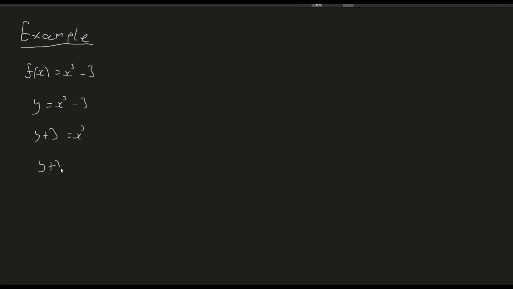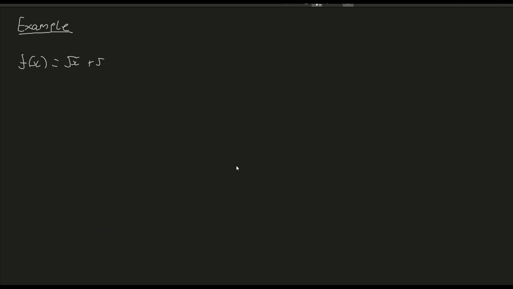So we have y plus 3, and that is the cube root of that. Then I'm just going to swap these around. So x will equal the cube root of y plus 3. And when I then make this f inverse and make y x, then I will have that the f inverse of x is the cube root of x plus 3.